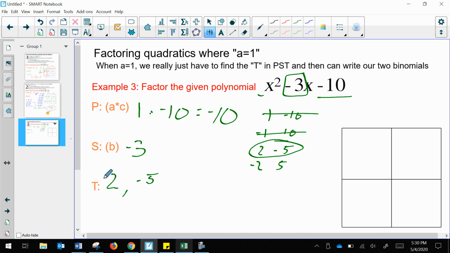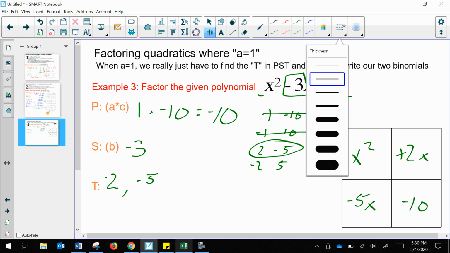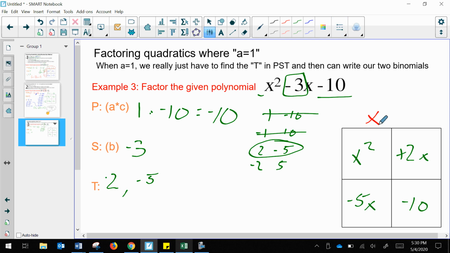Now I'm going to show you how we can just use those two numbers to fill in our binomials, but let me prove it first with our reverse box, because you can still use your reverse box to find out what your solutions are. So I'd have x squared, minus 10, and I'd have plus 2x and minus 5x. Factor everything out, I'd still have an x here, x here.